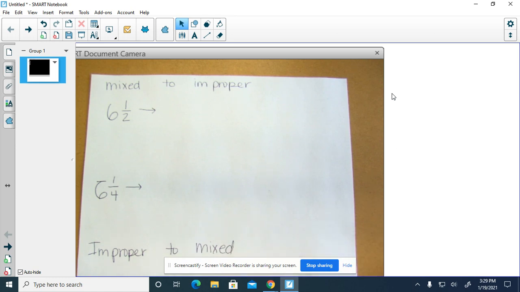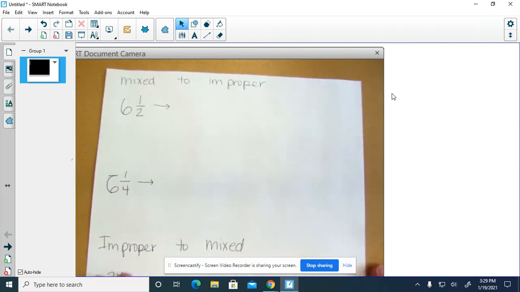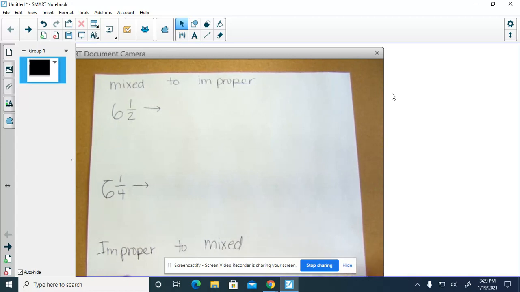Right, I noticed there's some confusion on moving from mixed fractions to improper fractions and from improper fractions to mixed fractions. So I'm just going to leave this little video up so that you have this as a reference.